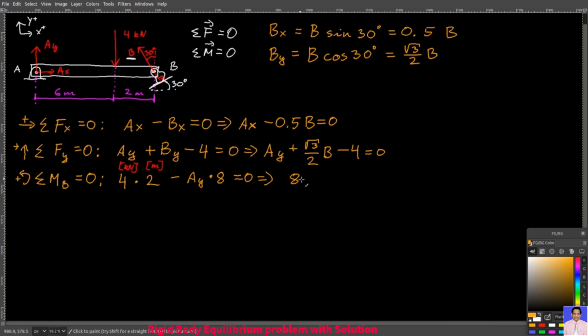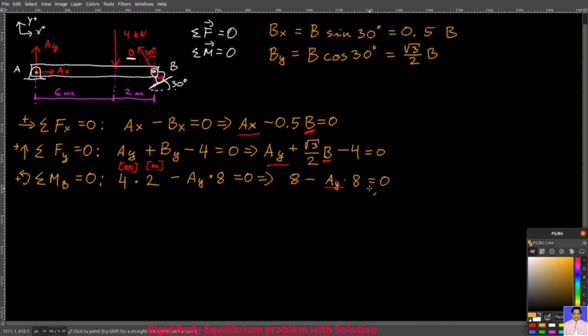So you will have 8 minus Ay times 8, and that must be 0. Ay gives you a clockwise moment, so it's negative, and then the 4 kilonewton force gives you a counterclockwise moment, so it's positive. And now you have 3 equations and 3 unknowns. 1, 2, which is also here, and then 3, which is your B. So you can find the unknowns.